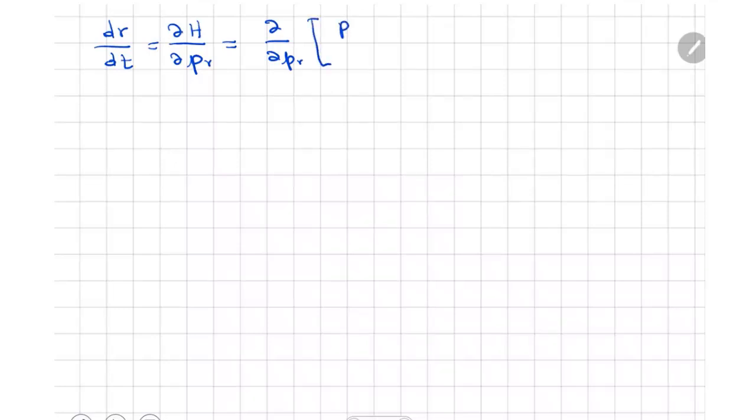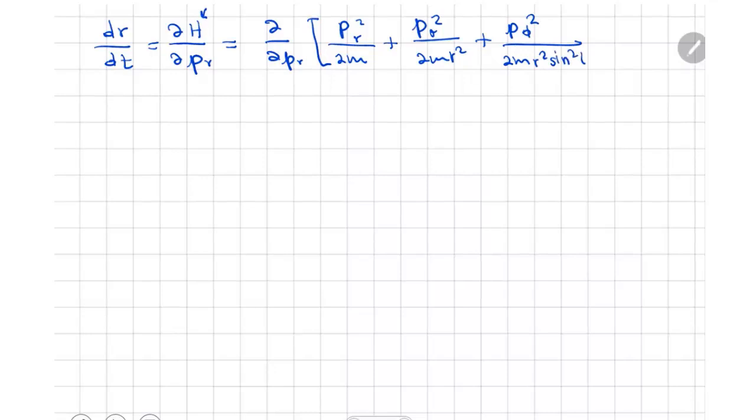I am replacing the Hamiltonian here: p_r squared divided by 2m plus p_theta squared divided by 2m r squared plus p_phi squared divided by 2m r squared sine squared of theta plus V(r).